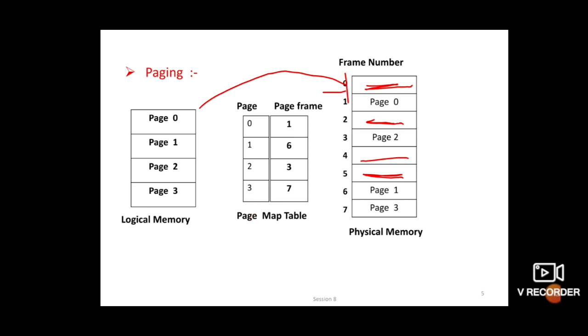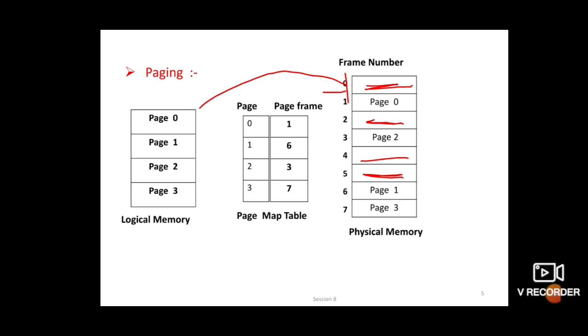Because every process or program has a page table, meaning each and every process has page numbers, like page number 0, 1, 2, 3. Every process has page 0, page 1, page 2, so we can't use one page map table.